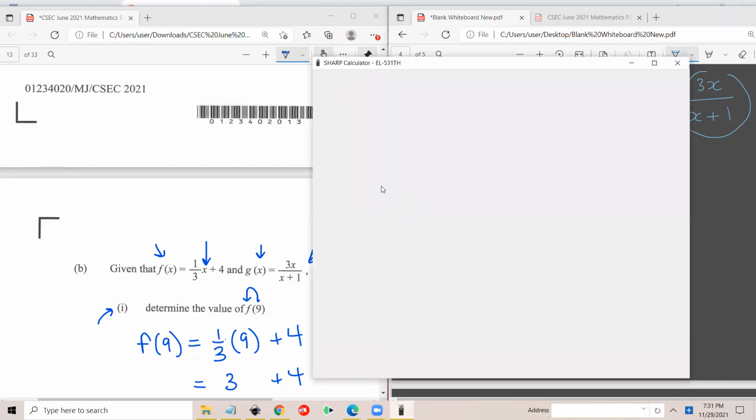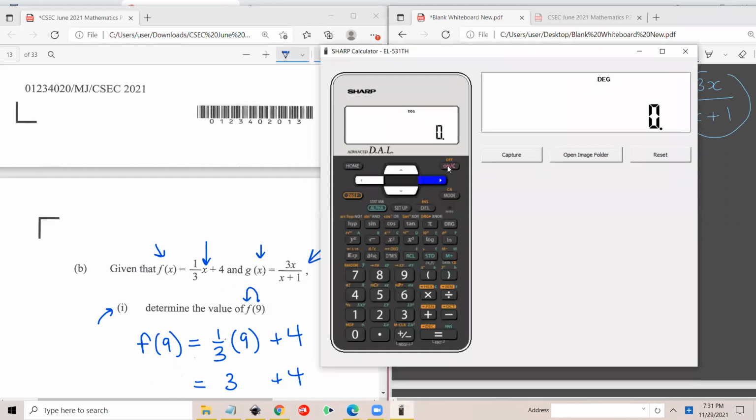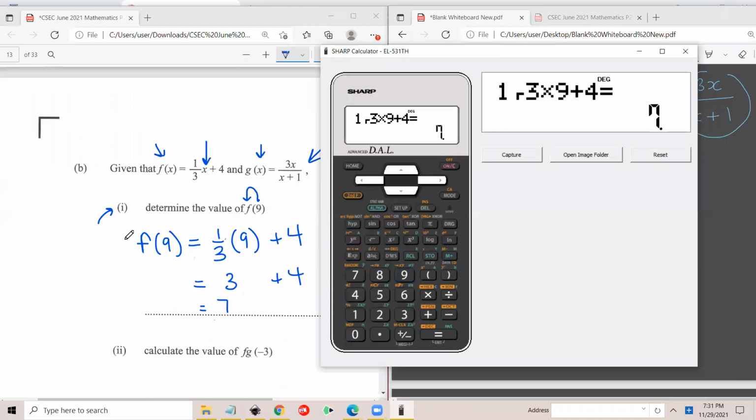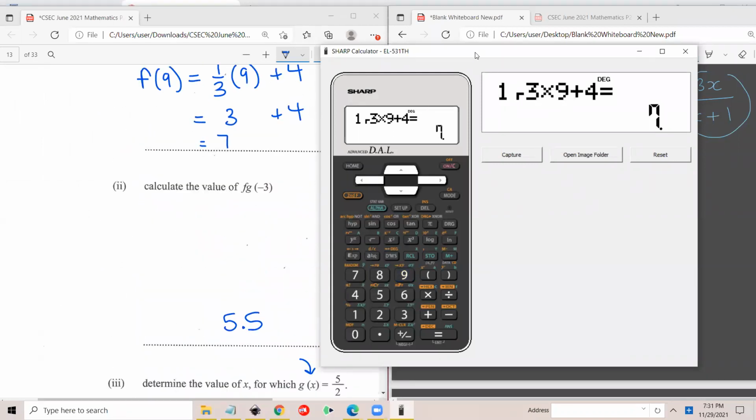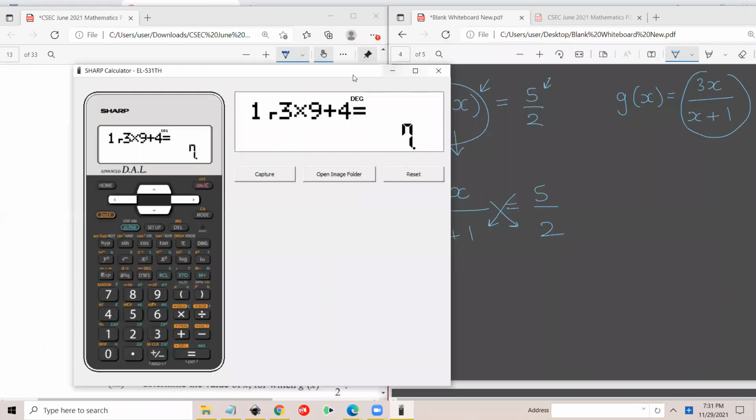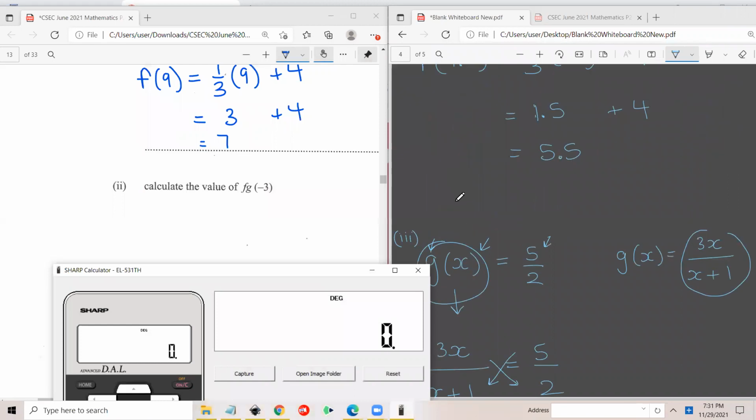And as for this question here, just to work it out, 1/3, so I use the ABC button, 1/3 multiplied by 9 plus 4. Sorry, I got the 7 there. Just now, guys, I tried. Just give me 1 second. Just to scroll up here.